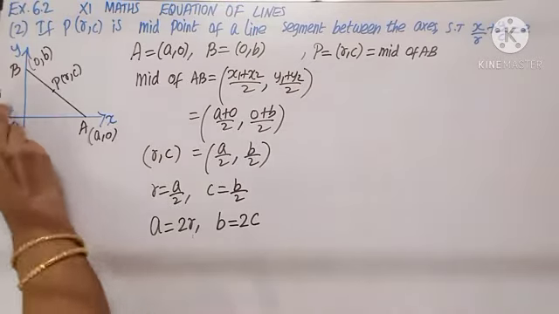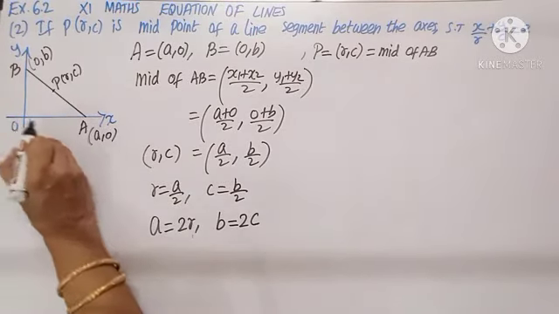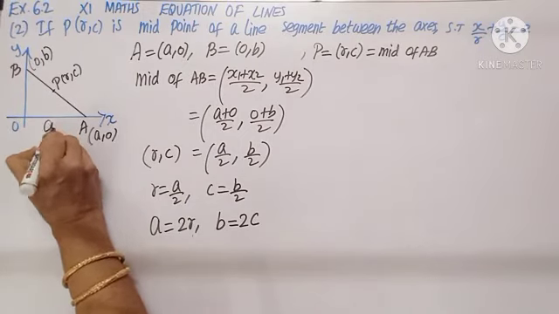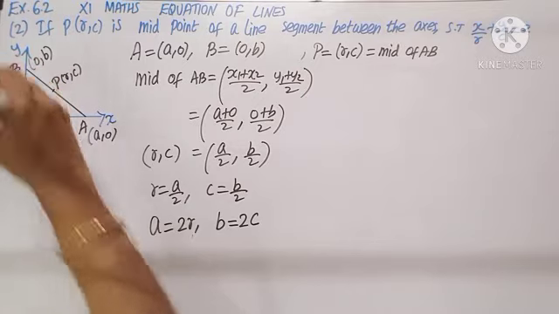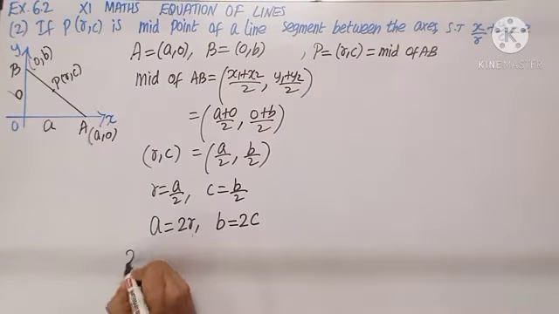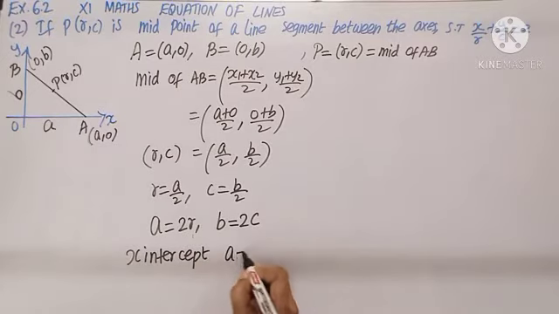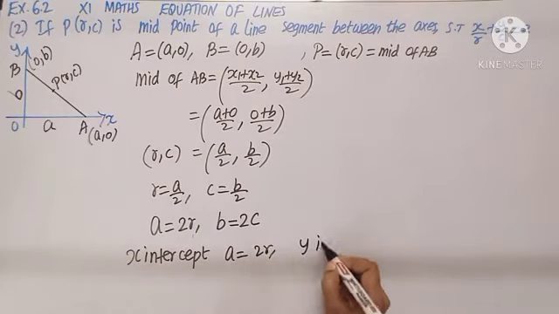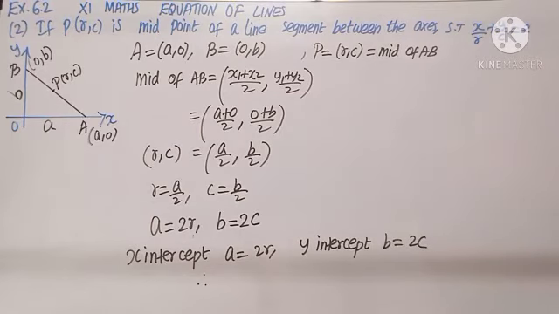Whenever I know a and b, on the x-axis, this I call the x-intercept, that is a. This I call the y-intercept, that is b. So the x-intercept a is 2r, and the y-intercept b is 2c. What is the equation of the line?